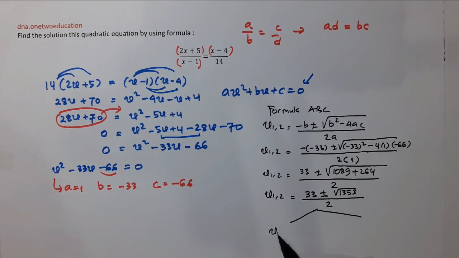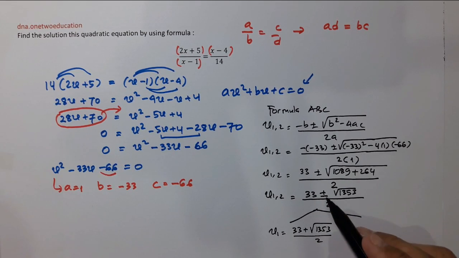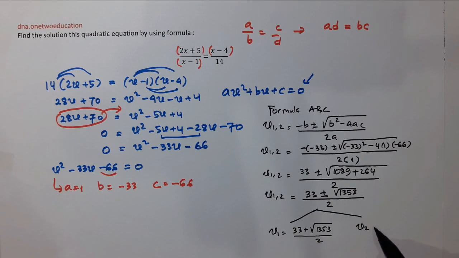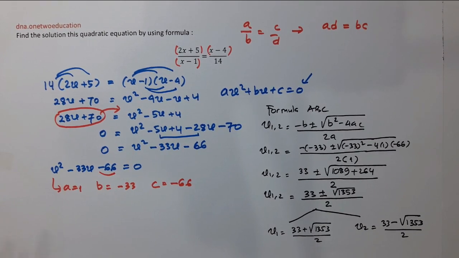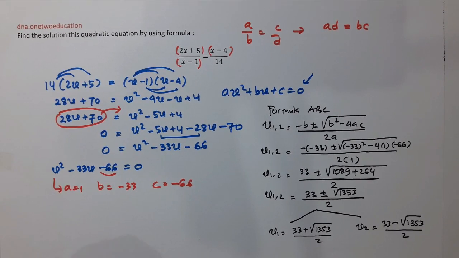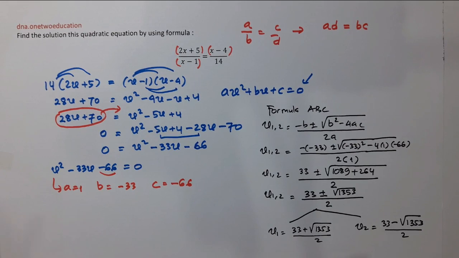So x1 is taking the positive one, 33 plus root of 1353 over 2, and the other one is the negative one, so we call that x2, 33 minus root of 1353 over 2.